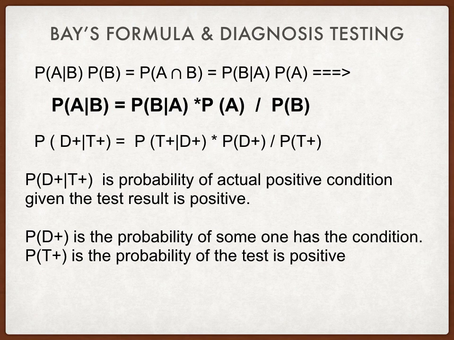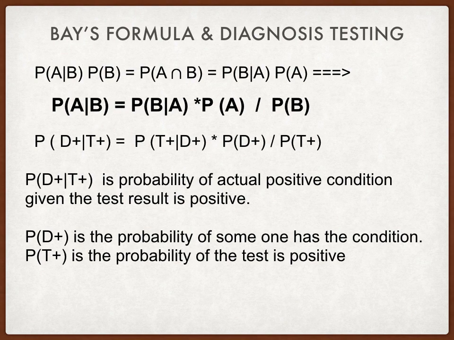Okay. In the previous slide, we saw that probability of A and B could be written in two forms, right? P(A given B) multiplied by P(B), or P(B given A) multiplied by probability of A. Knowing these two are equal, we can write the Bayes formula in a different way. Probability of A given B equals probability of B given A, so vice versa, how these two are related.